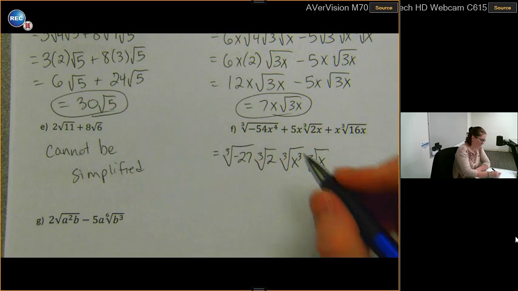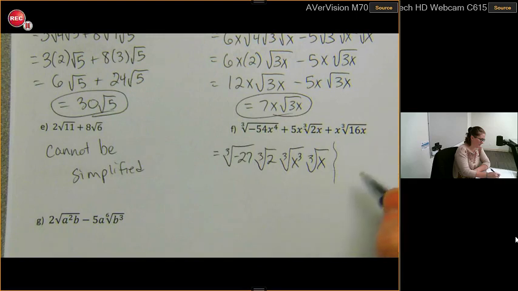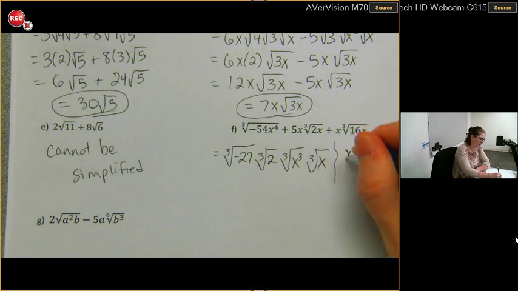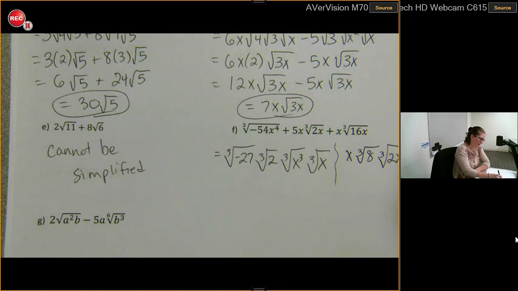And then I have 5x cube root of 2x. That one does not break down any. Then I have cube root of 16x, so that one does break down. I have x in front, and then 8 times 2 and x.